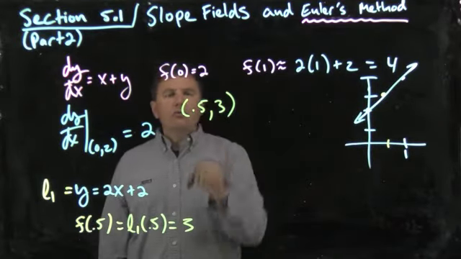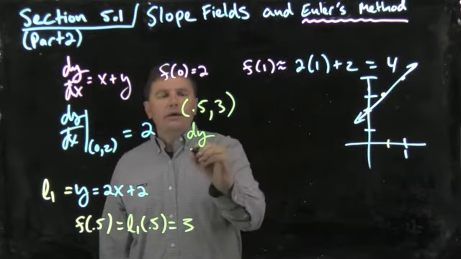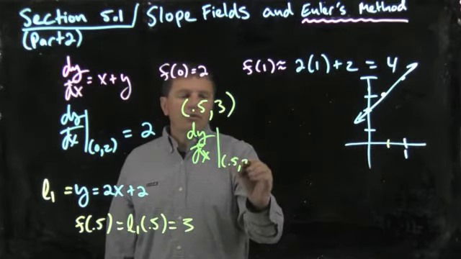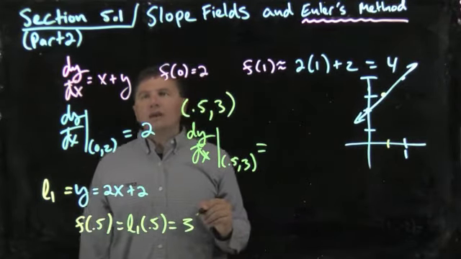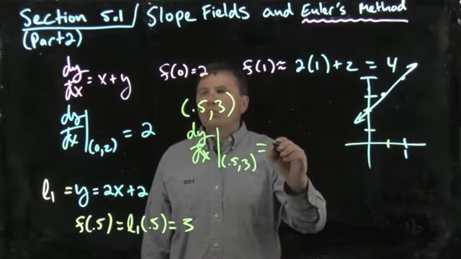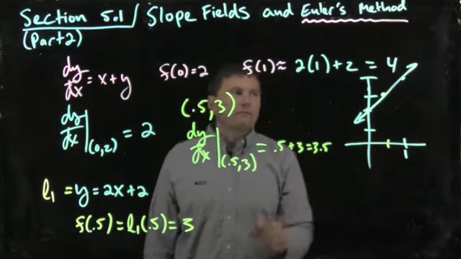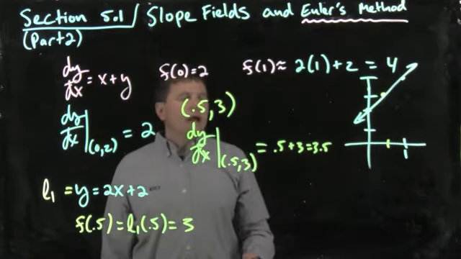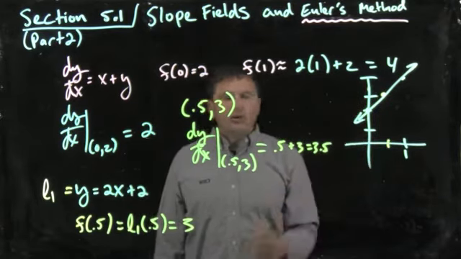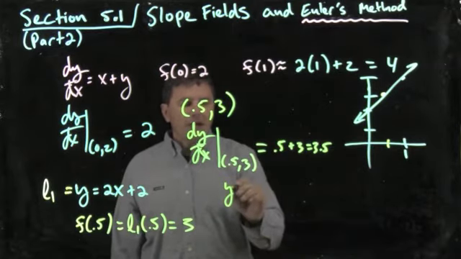From (0.5, 3), I'm going to plug it back in here, dy over dx of (0.5, 3), and that gives me a slope of 0.5 plus 3, so that's equal to 3.5. So now 3.5 is my new slope. Now I'm not going to use slope-intercept anymore. I'm going to use point-slope, but not with y minus y1.